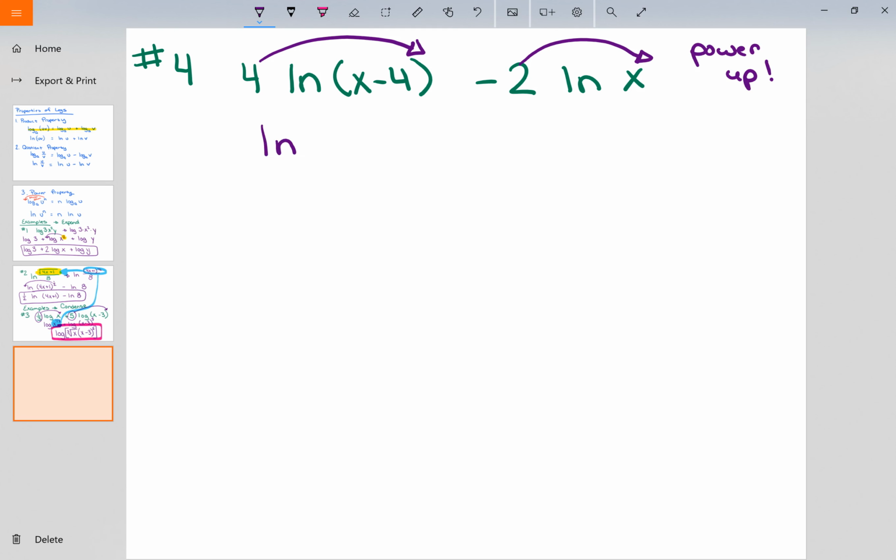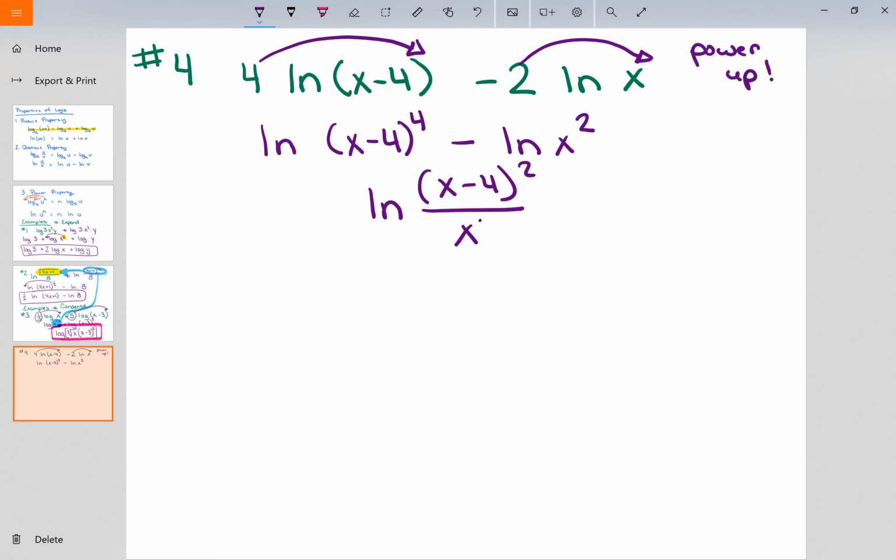So we have natural log x minus 4 to the 4th minus natural log of x squared. So like I said on the other one, I would probably have you multiply that out, but x to the 4th is still a little crazy, so we're not going to touch that. So we're going to leave it like this. Last step, subtraction means what? Yep, divide. So write these as a fraction. And then you just condensed it to 1 log.